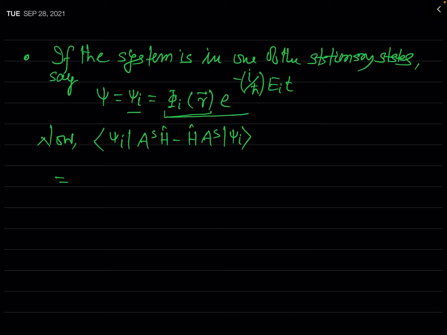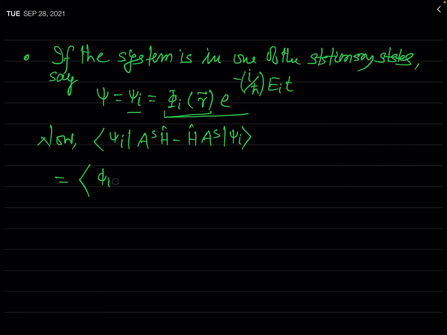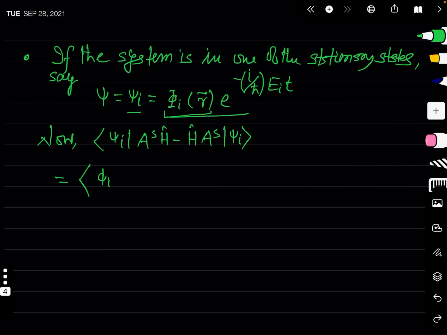Now see, we will put the value of this psi i here. You can see this is bra phi i of r, or you simply write phi i. There is no need to write r, because it is understood that it is time independent. It is only a function of a space coordinate.